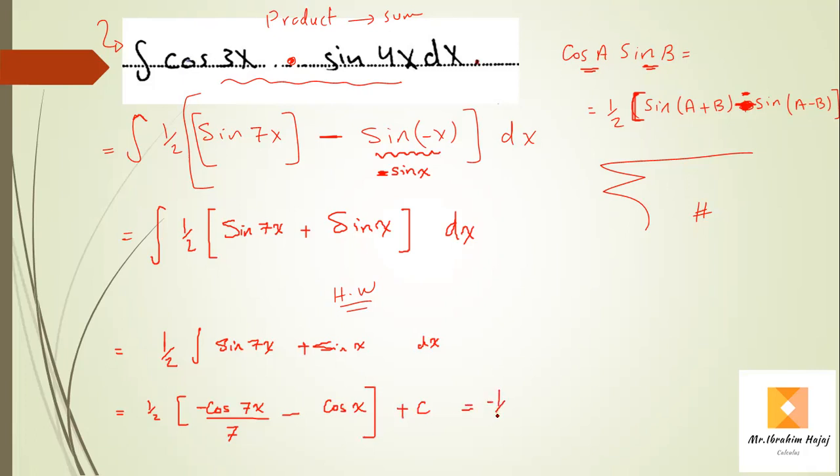Finally, write your answer as negative 1 over 14 cosine 7x, because half times negative 1 over 7 gives negative 1 over 14. Then minus negative half cosine x, so plus half cosine x, plus c. This is our final answer.